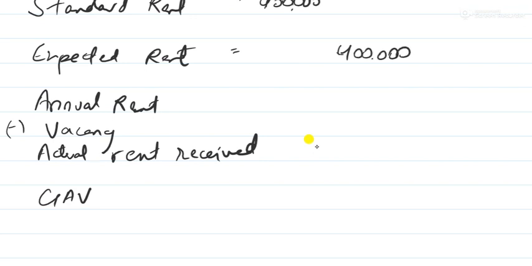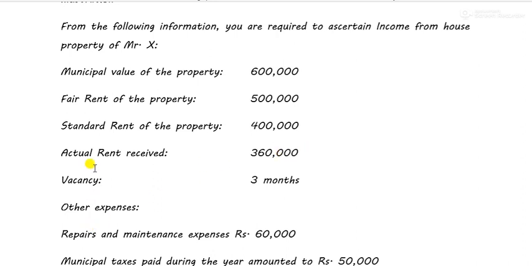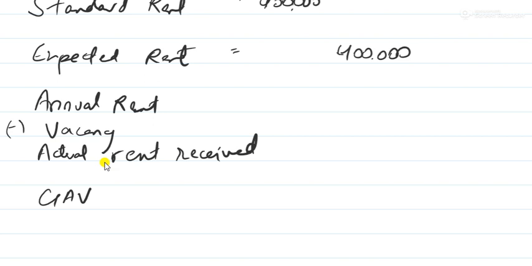Okay. Now annual rent. Now if you look carefully in the sums, what is given in the sums, you have a figure of actual rent received. There is a difference between annual rent and actual rent received. So look at this format. We had to write down annual rent, then deduct the vacancy, and then calculate actual rent received.